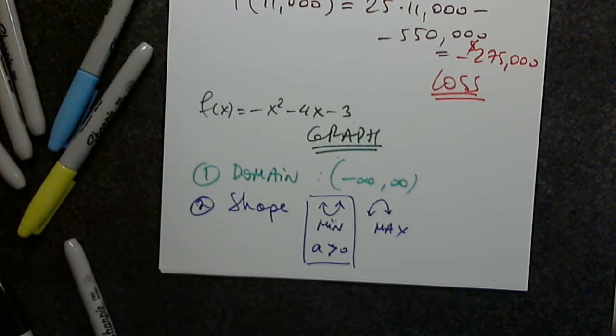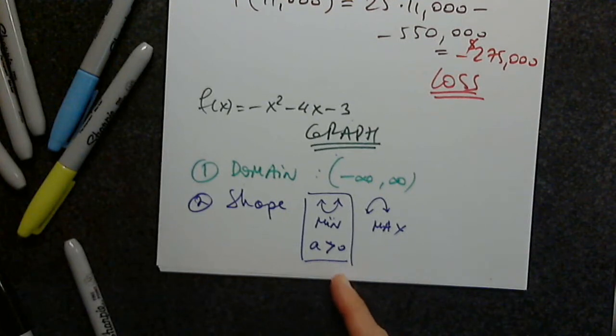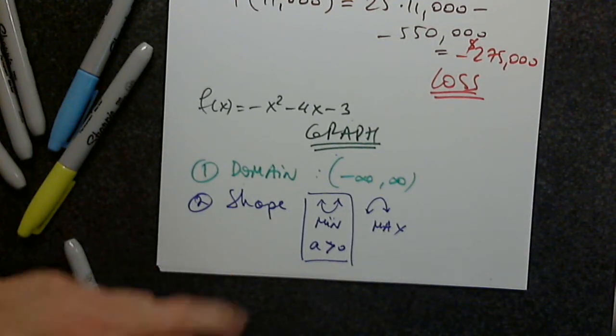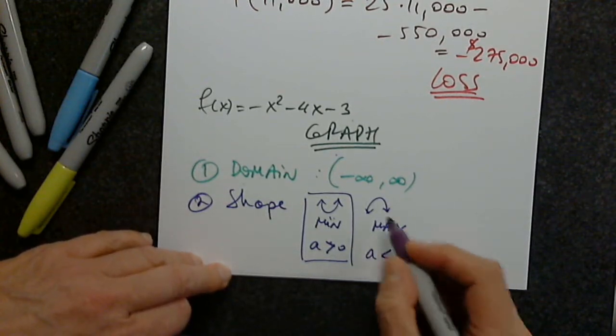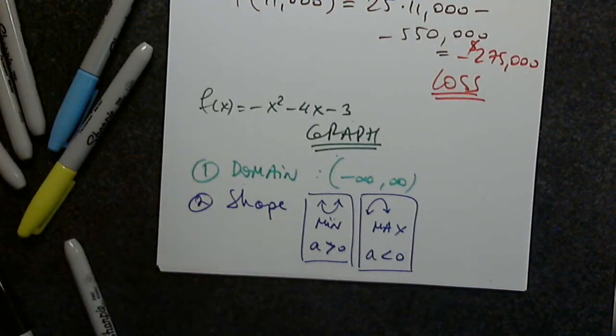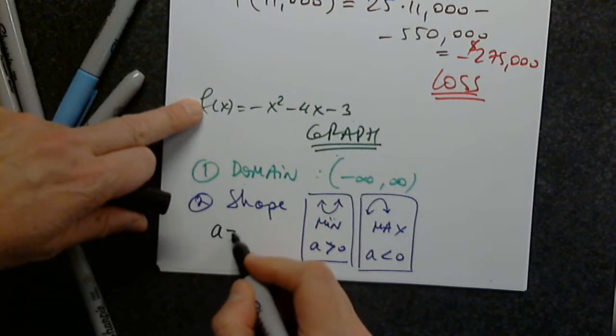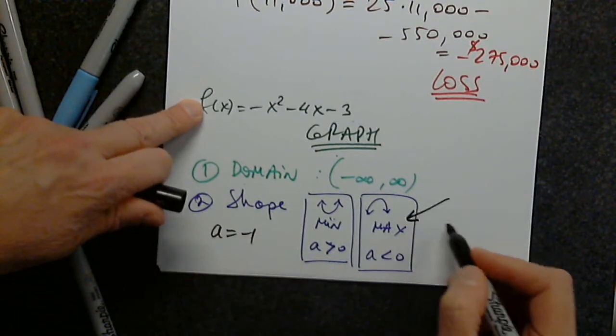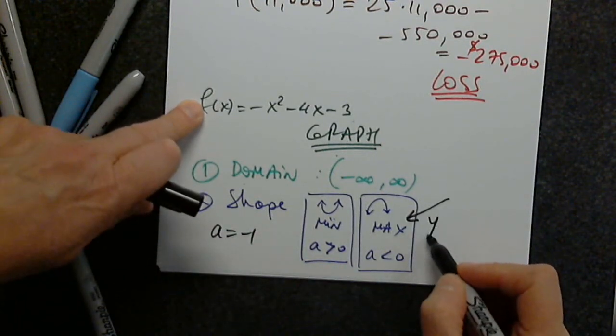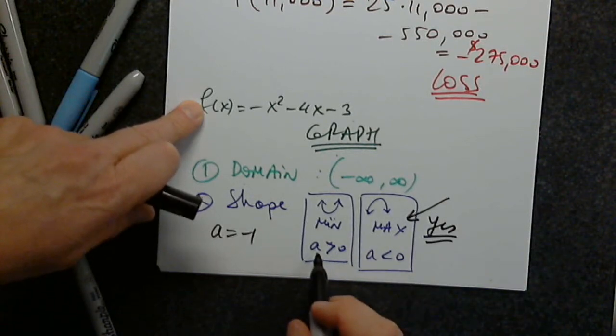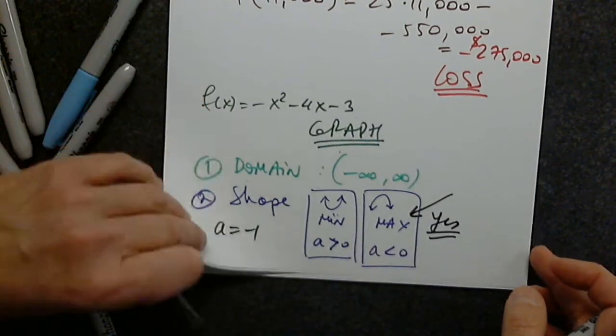And if I multiply this by -1, and the leading coefficient is -1 x squared, then we will have a maximum. So when the leading coefficient for the quadratic function is positive, minimum. When it's negative, maximum. In this case, because the leading coefficient is -1, it has a maximum.